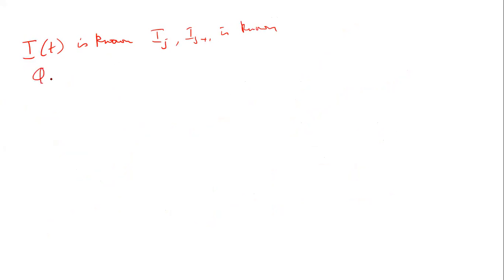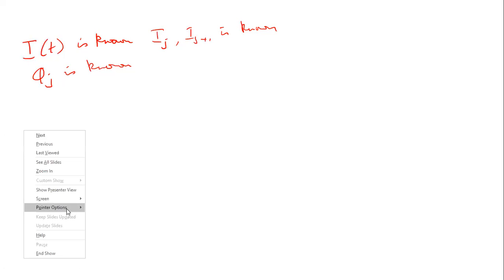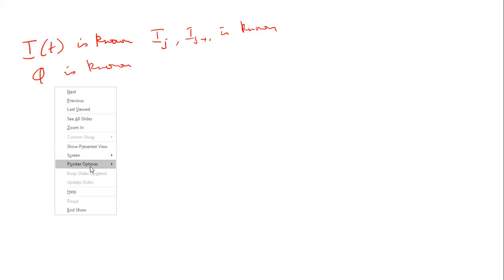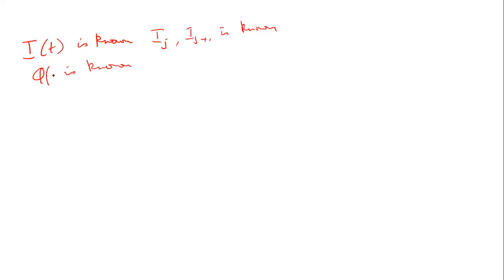Okay, maybe I should say q at time t equal to 0 is known, and storage at time t equal to 0 is known. Right? These are the known terms in that equation.